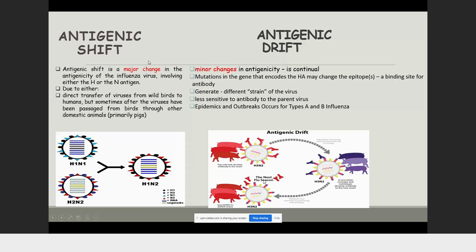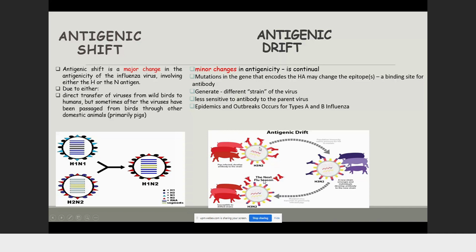So it is either an antigenic shift or antigenic drift phenomenon. For antigenic drift, the mutation is causing minor changes in the antigenicity, whereas the antigenic shift causes major change. Okay, so for antigenic drift, most of the time it will just change the epitope.